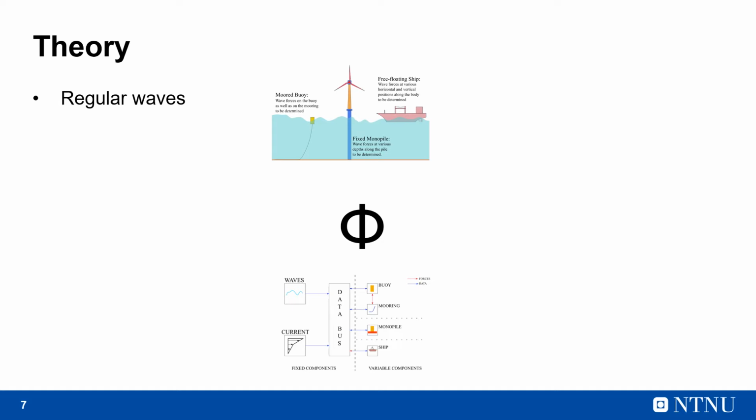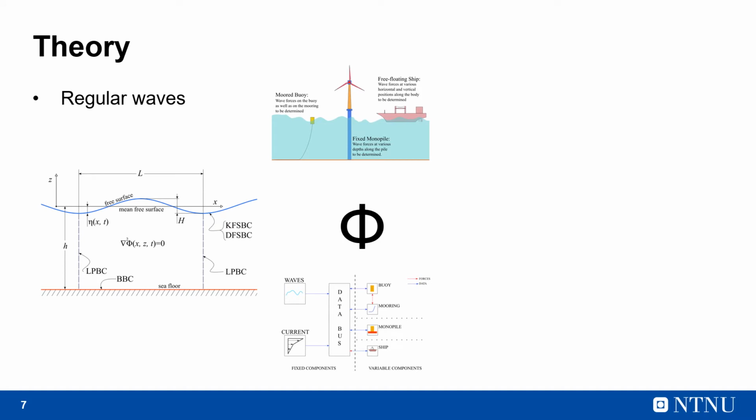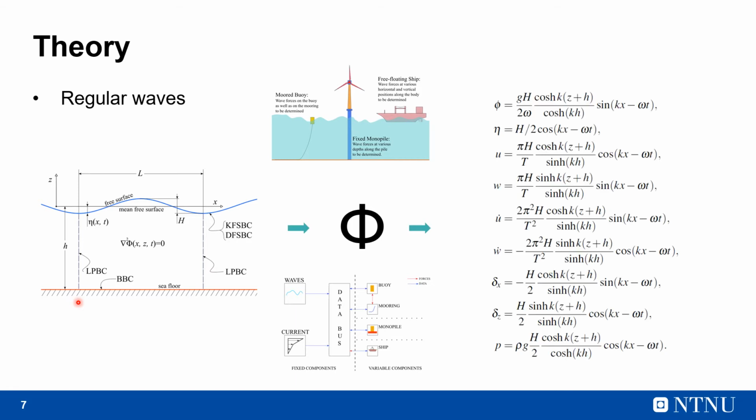To determine the velocity potential, we need to solve a boundary value problem where Laplace's equation is the governing equation, and the solution is subject to boundary conditions at the free surface, at the sea floor, and the lateral periodic boundaries. So we see that once the velocity potential is known, we can then determine all the other wave properties.